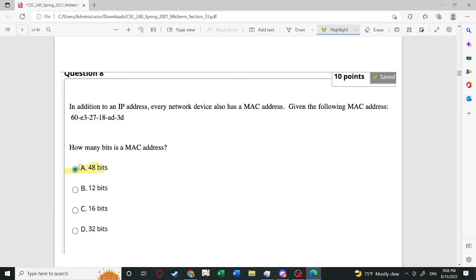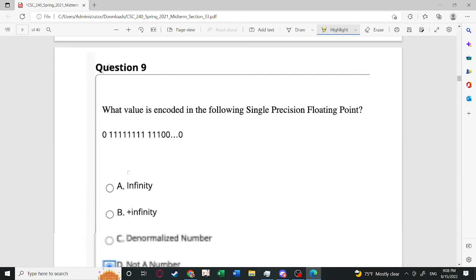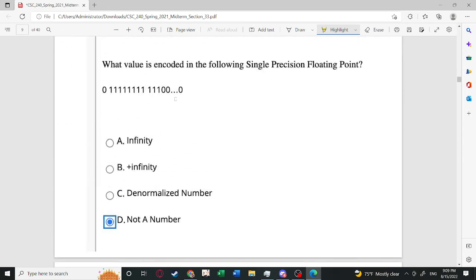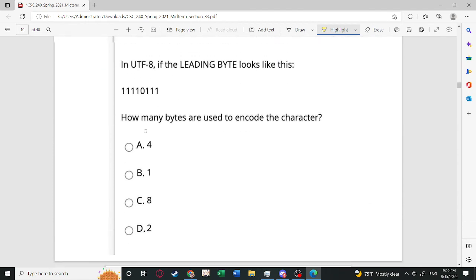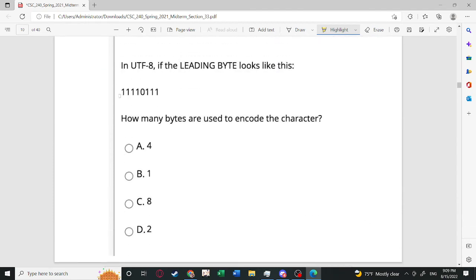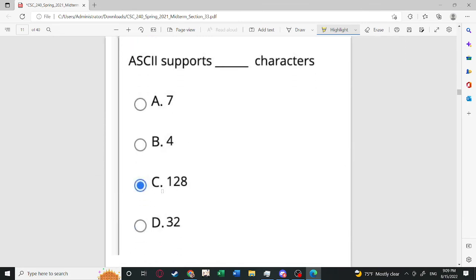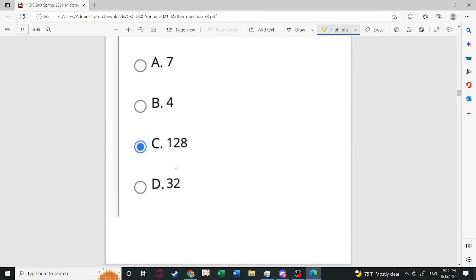And this one, remember this, that's correct. If you go here, this one is not a number, that is correct. This is 1, 2, 3, 4. That is 4. This is 128.